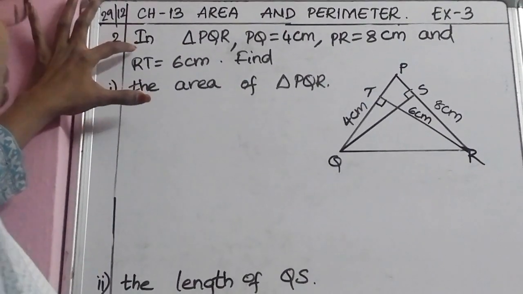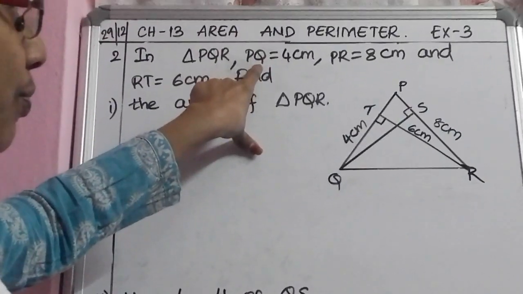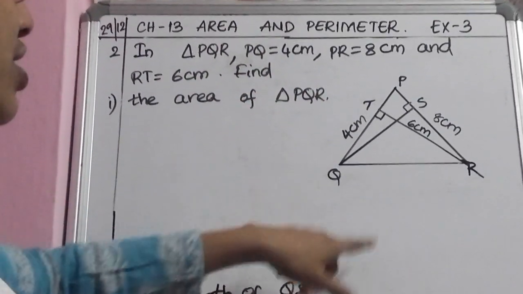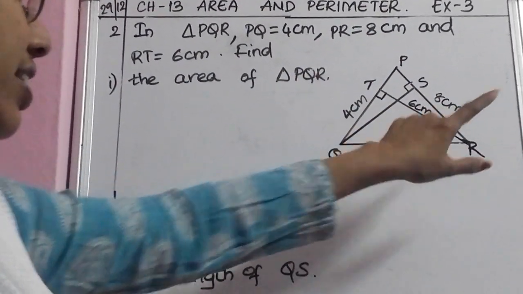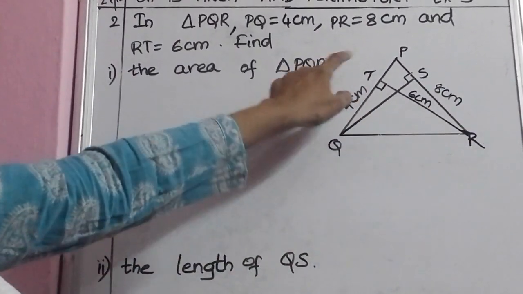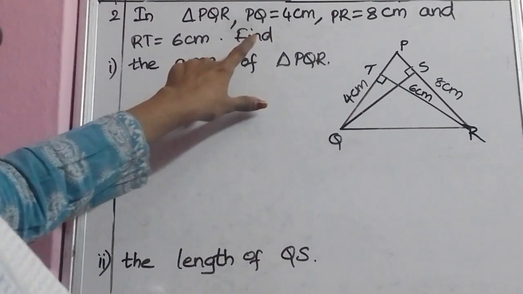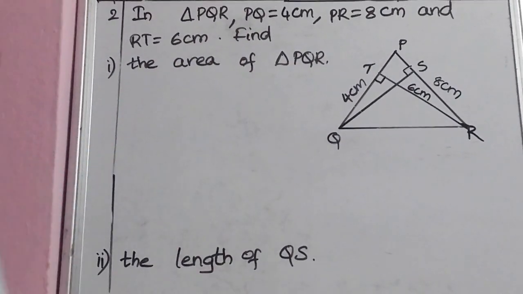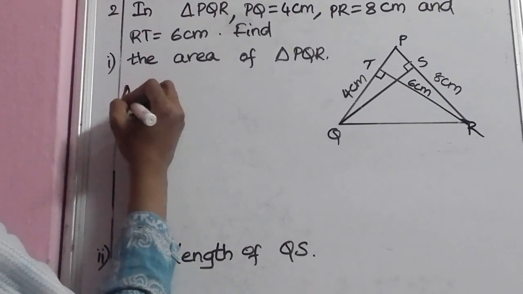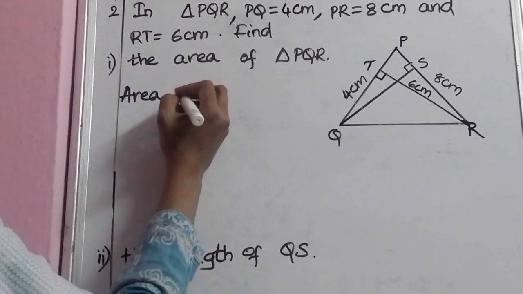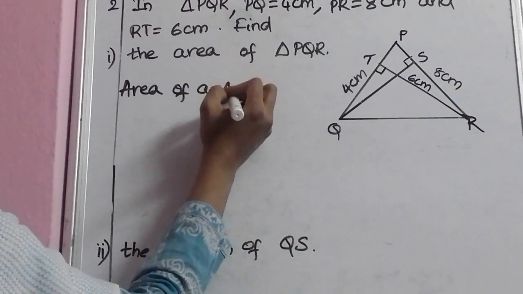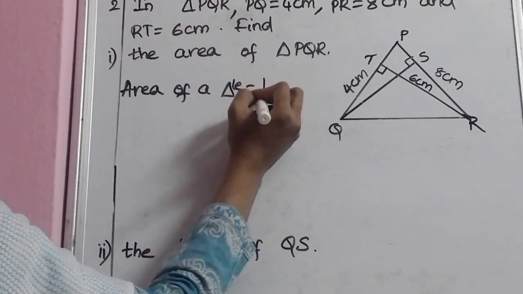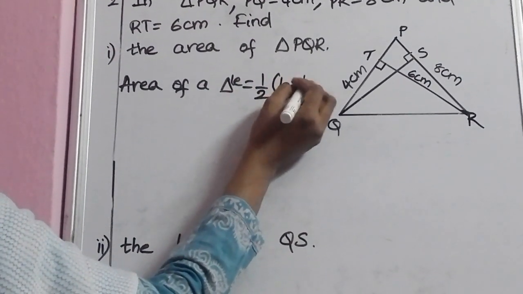In triangle PQR, PQ is given as 4 centimeters, PR is given as 8 centimeters and RT is given as 6 centimeters. We have to find out the area of triangle PQR. So what is the formula for finding out the area of a triangle? Area of a triangle is equal to half base into height.